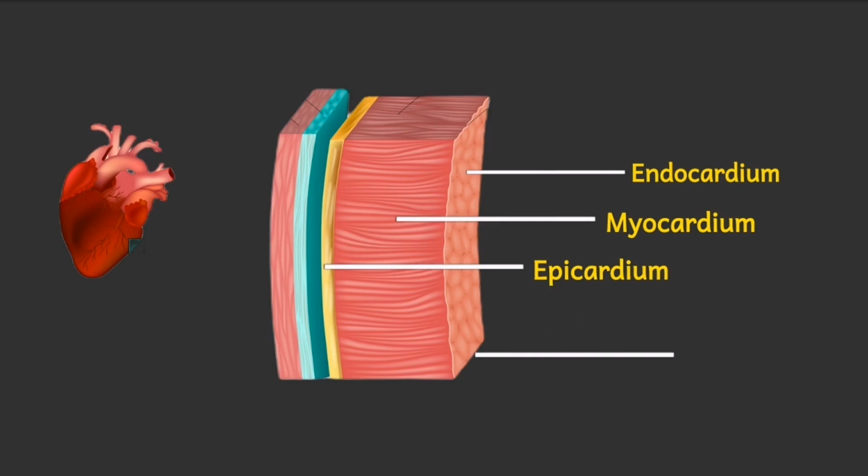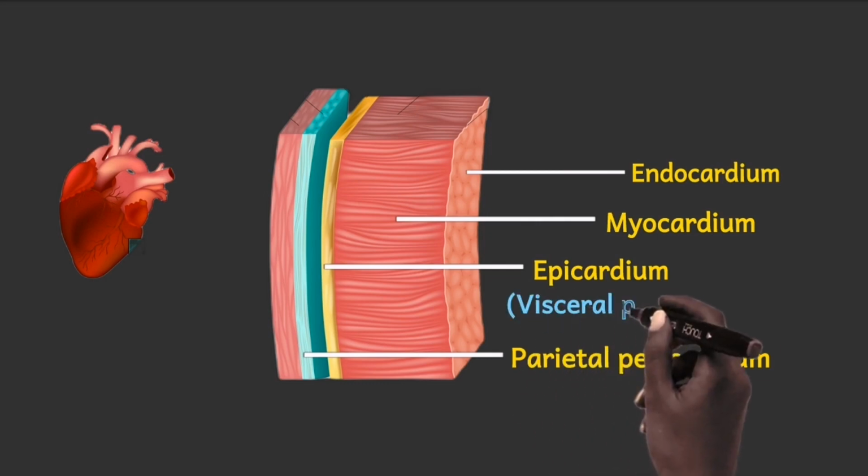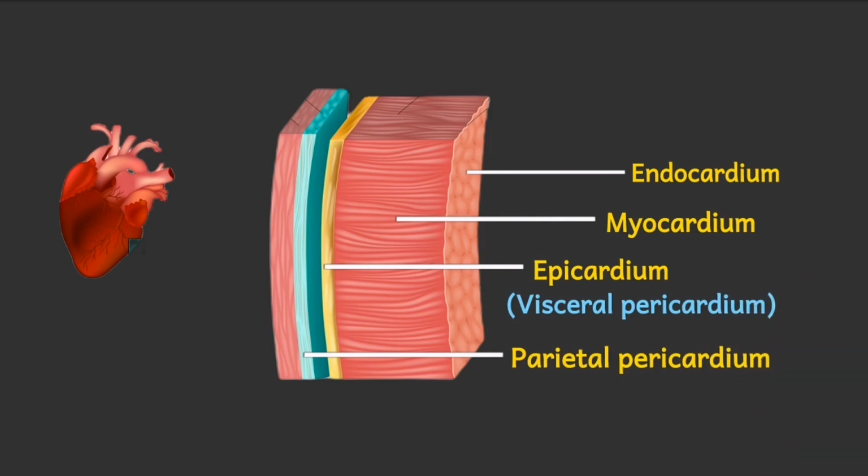And then here we have the parietal pericardium. The pericardium is the membrane that surrounds the heart. The blue, as labeled, is the pericardium. The epicardium, which is in yellow, is sometimes known as the visceral pericardium.